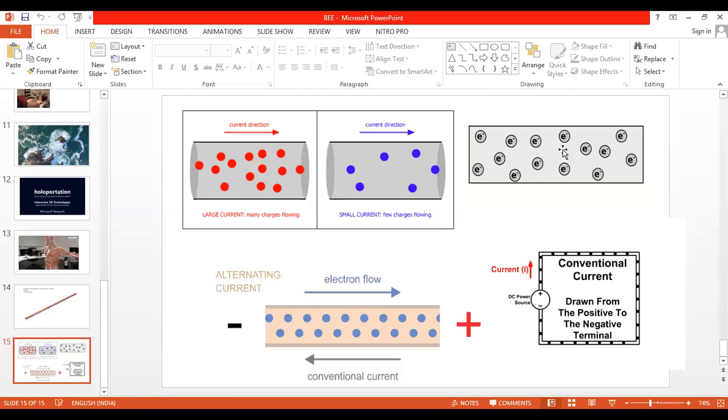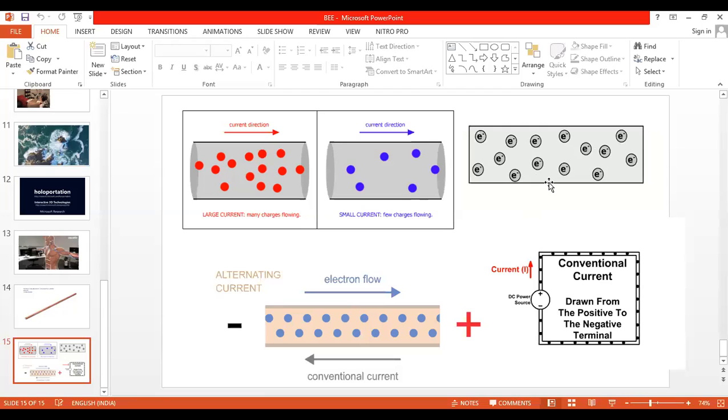Naturally, if I take one particular conductor, inside that conductor we have n number of electrons, maybe 100 or 20 or 30. But all these electrons do not have the energy to move from one place to another place.